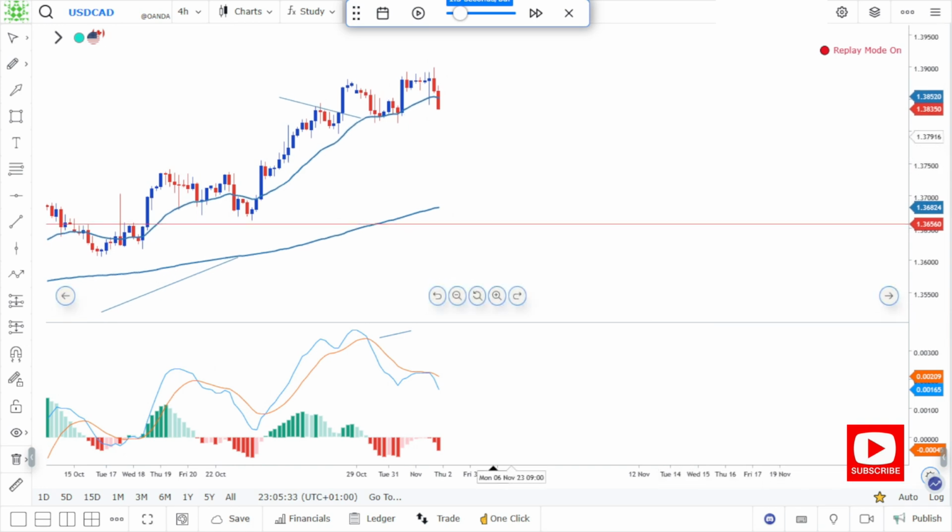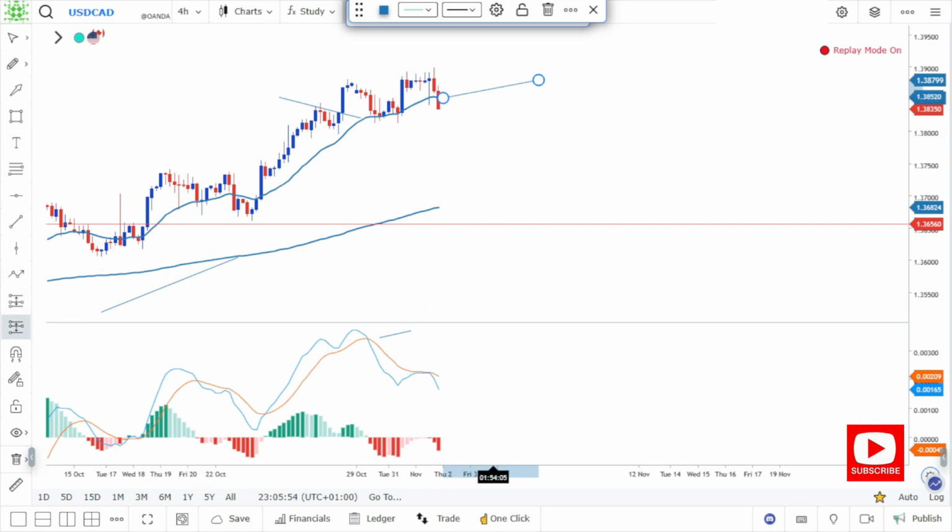Right here, a very perfect example of this strategy. Price closed clearly below the moving average 20, half or more of the body of the candle, as well as the MACD confirmation crossover.